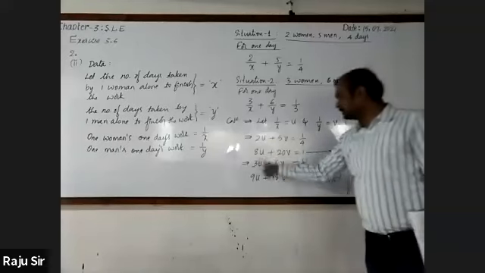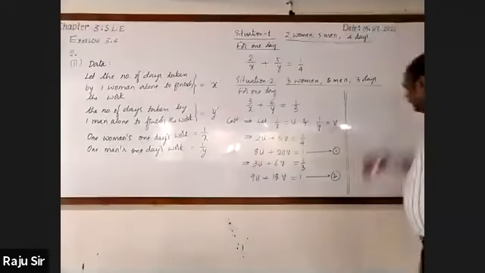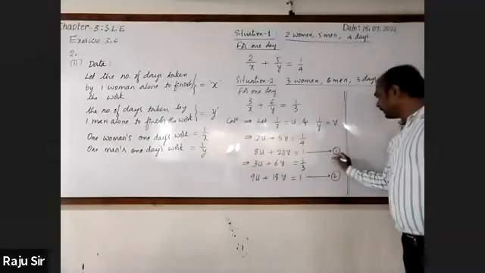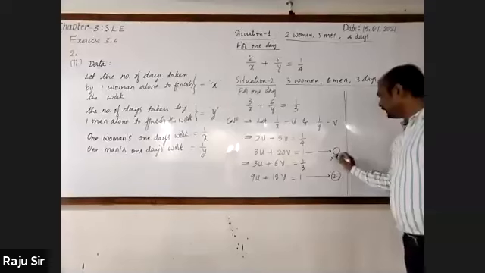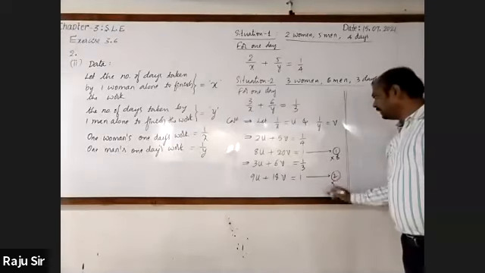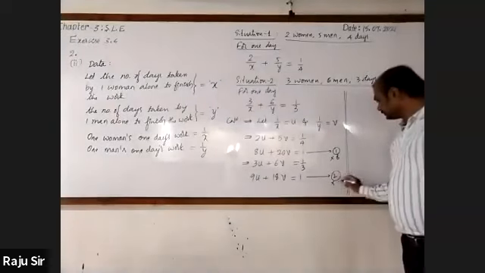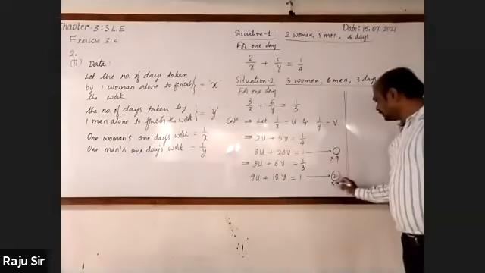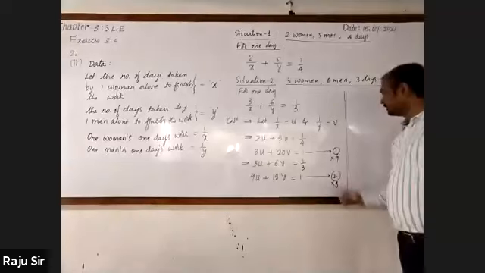Here we have 8, here is 9. Let us solve these equations by elimination method by multiplying equation 1 by 9 and equation 2 by 8.